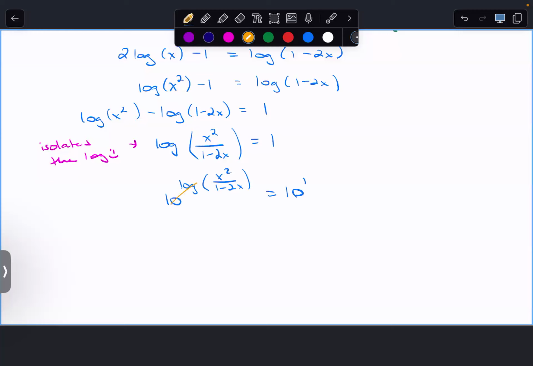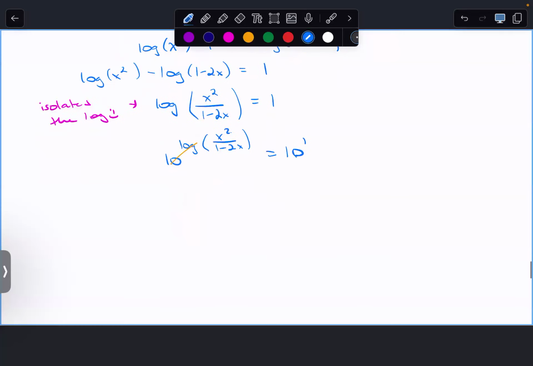We use 10 so that they would cancel easily. So then I get x squared over 1 minus 2x is equal to 10.